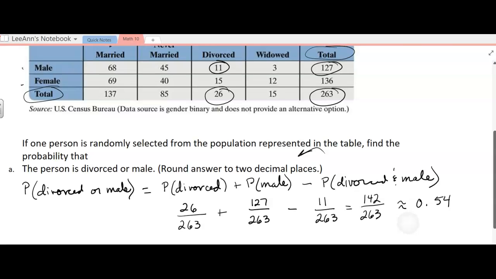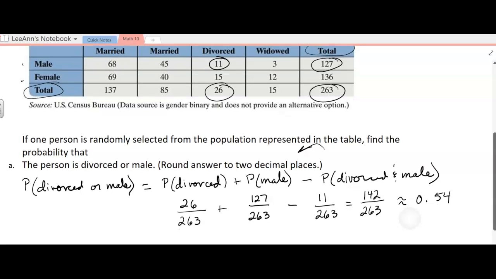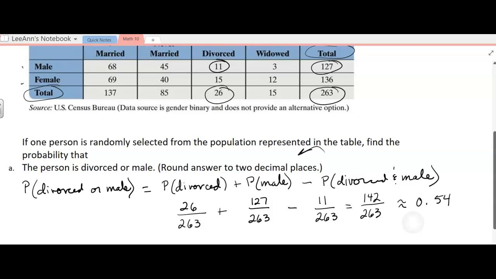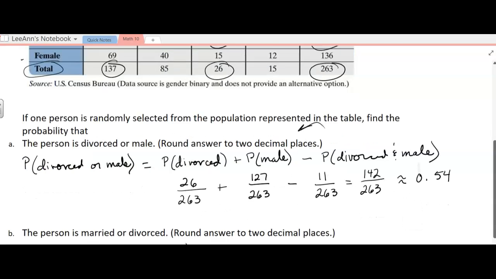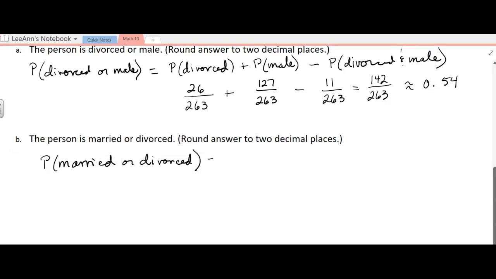You're either married or you're divorced. So we're going to say these are mutually exclusive. So what's the probability of being married? Let me write this out. We're going to say probability of being married at the time when they did the survey, plus the probability of being divorced at the time that they took the data.